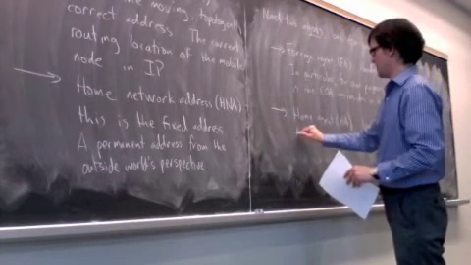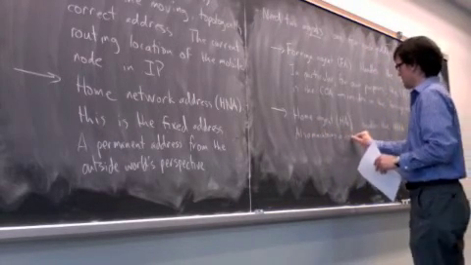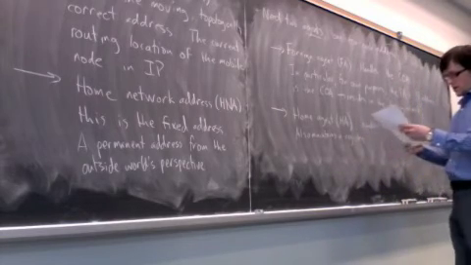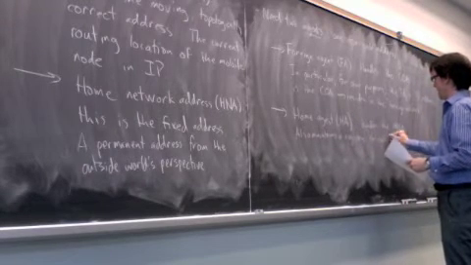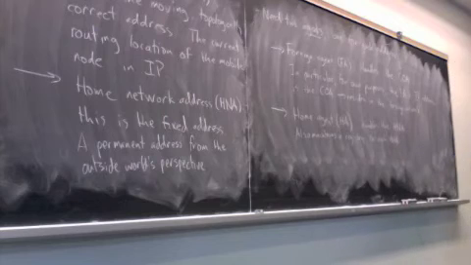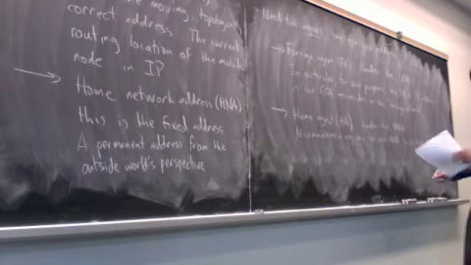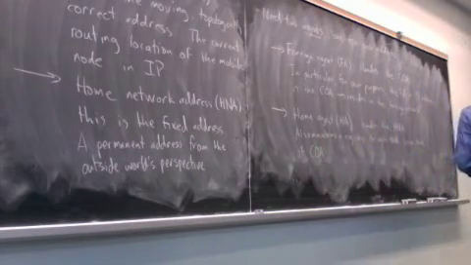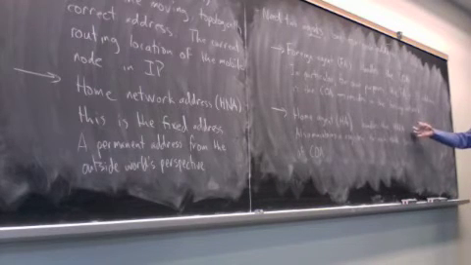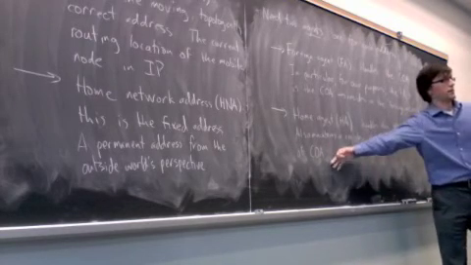And it also maintains a location registry for each HNA, for each home network address handled by the home agent. It keeps track of the COA, the care of address. In other words, the home agent is the guy who does the forwarding. So the home agent keeps your permanent address and then keeps track of where you are and will then forward your packets to the care of address.